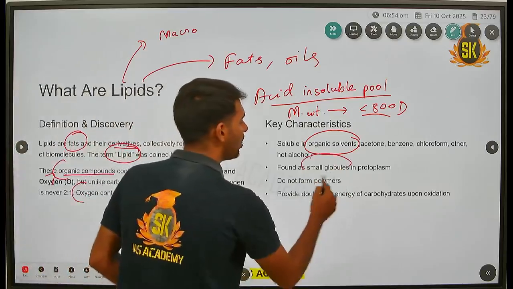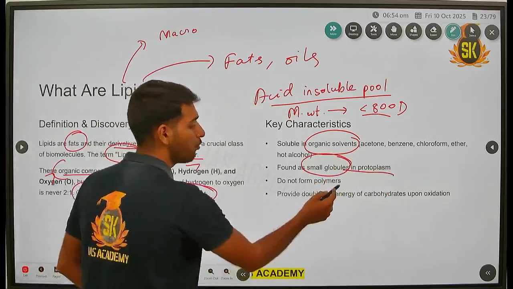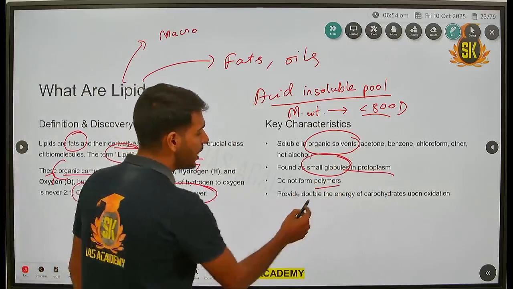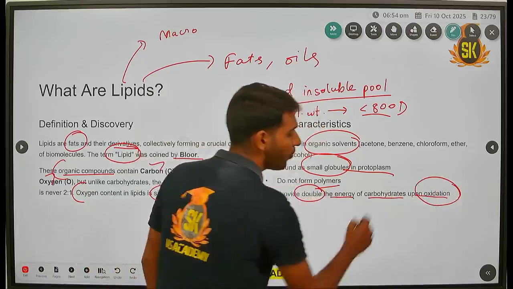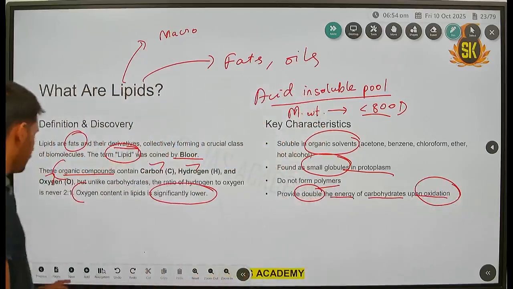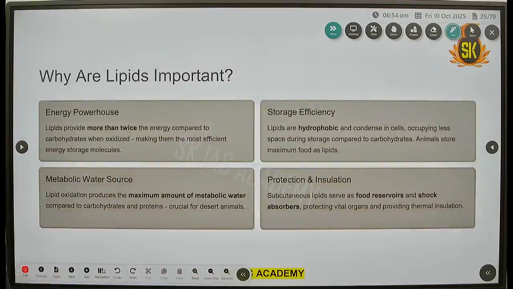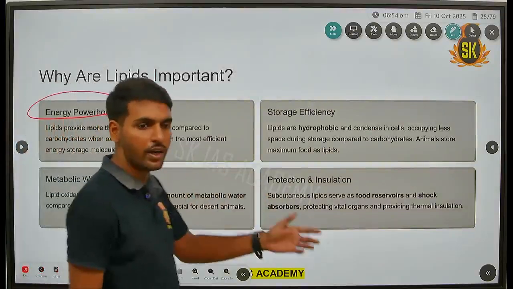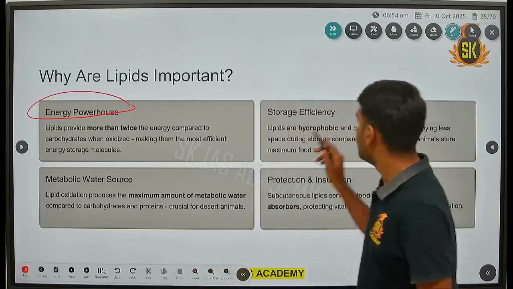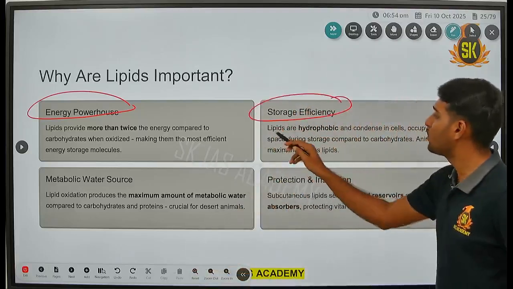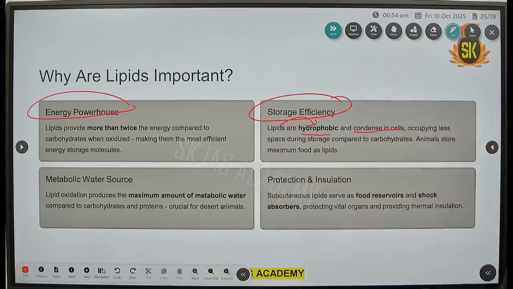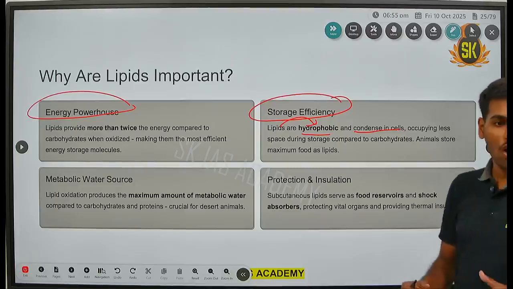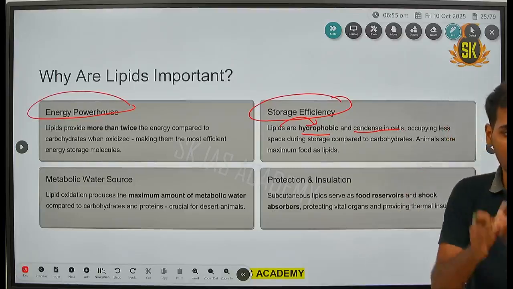They are found as small globules in protoplasm, do not form polymers, and provide double the energy of carbohydrates upon oxidation. So why is it important? It is an energy powerhouse, as we saw just now. Provides double the energy than carbohydrates. Storage efficiency: lipids, since they are hydrophobic, condense within the cell, occupying very less space within the cell.